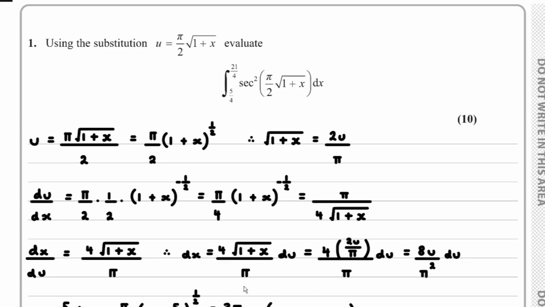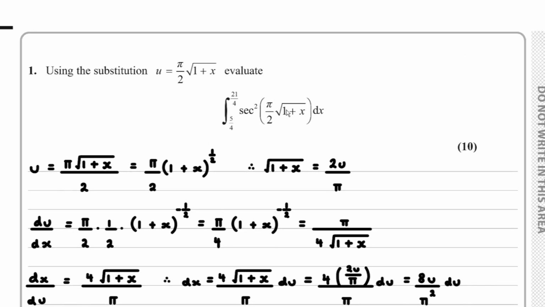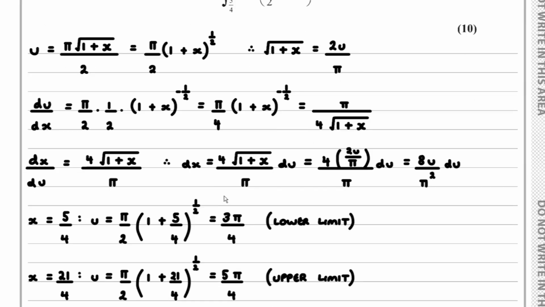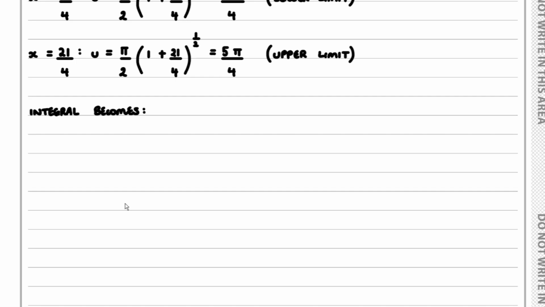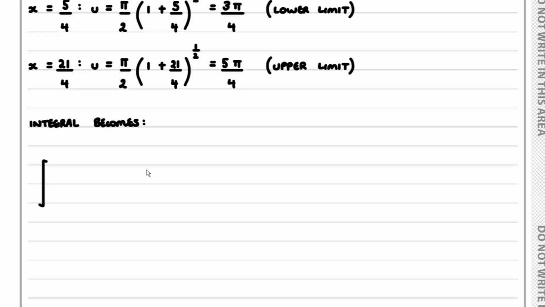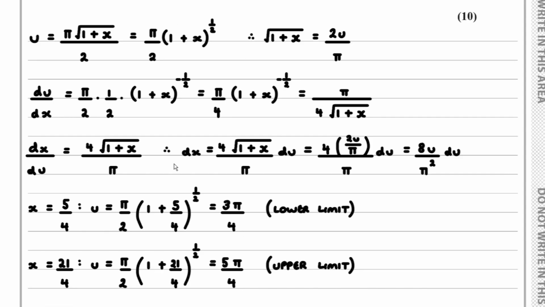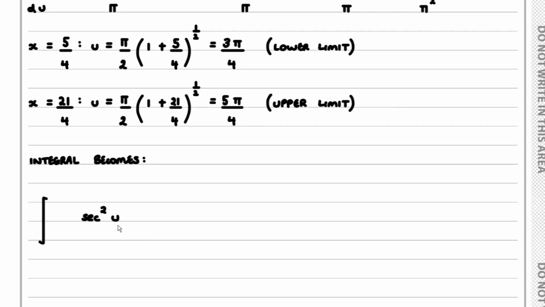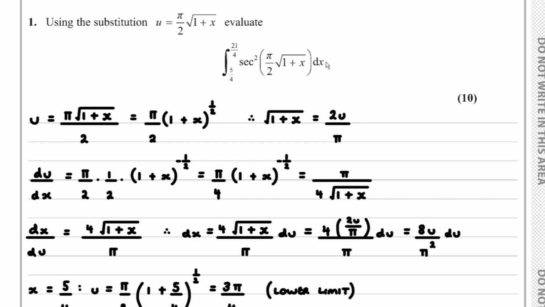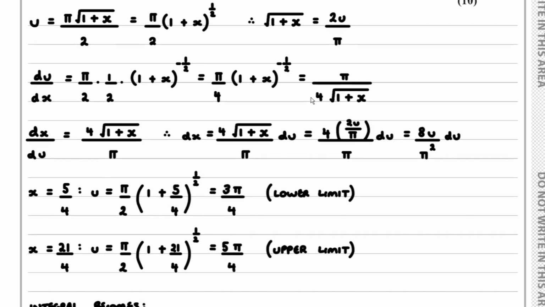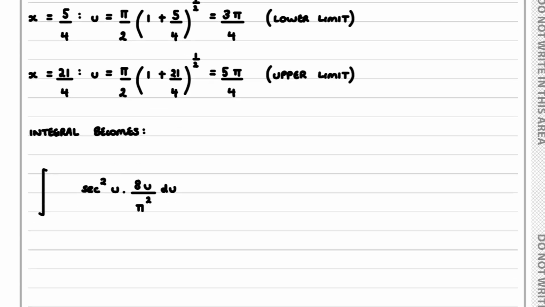So, we can now rewrite this integral all in terms of u. We've got the integration symbol. Now, we know that inside this bracket we've got pi over 2 times the square root of 1 plus x, which is what u is. So we have sec squared u. And we multiply this by dx, which we have found to be 8u over pi squared du.